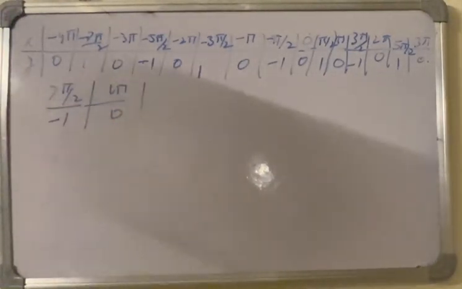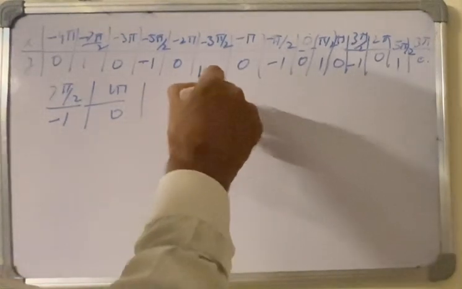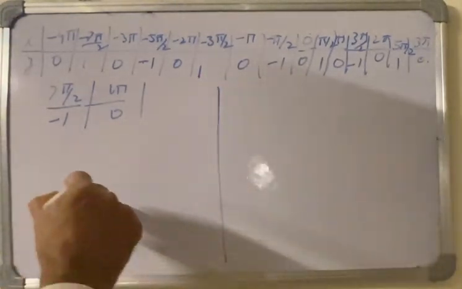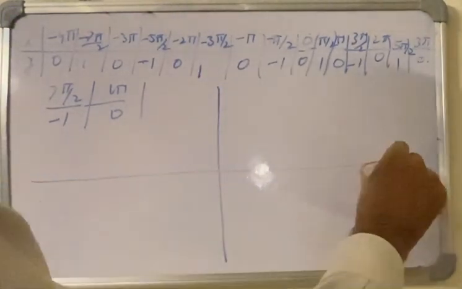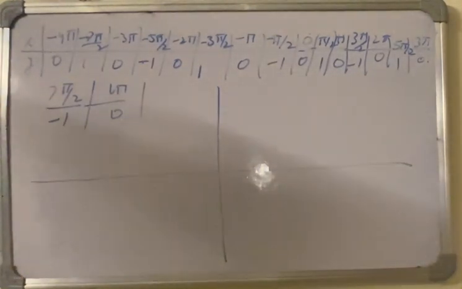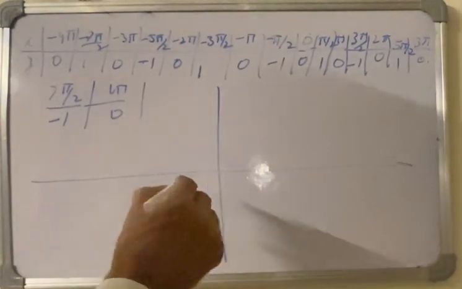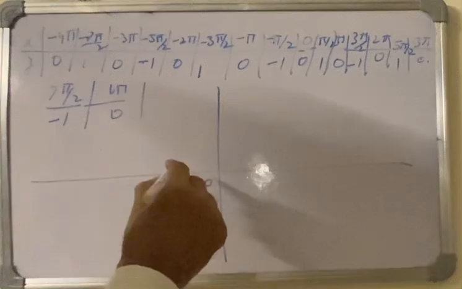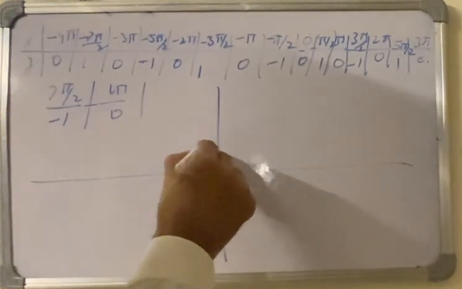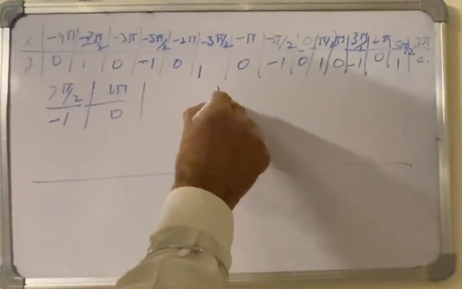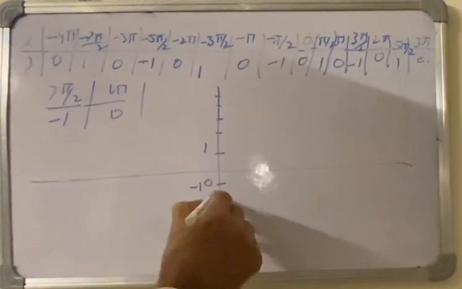So by these values we can draw the graph of y is equal to sin x. It is 0, 1, similarly here is minus 1.